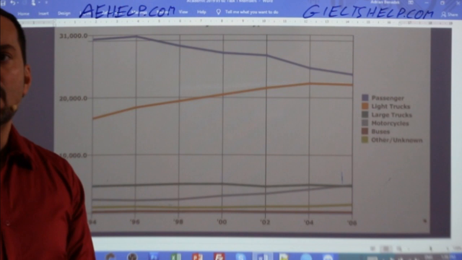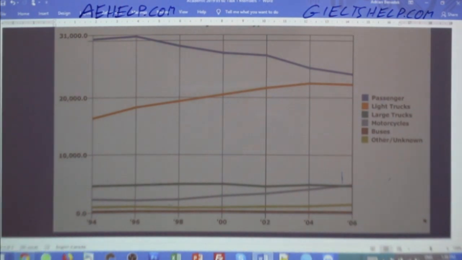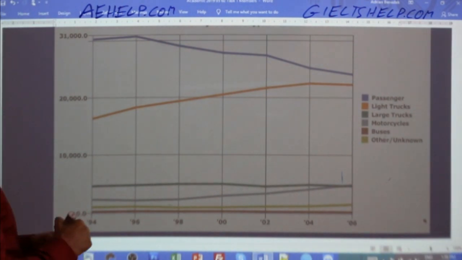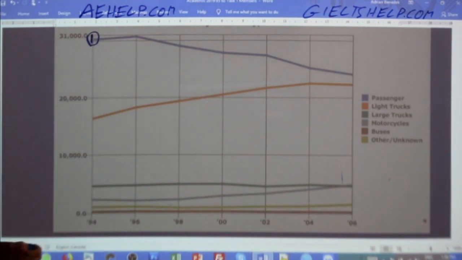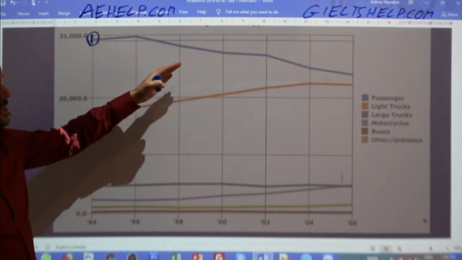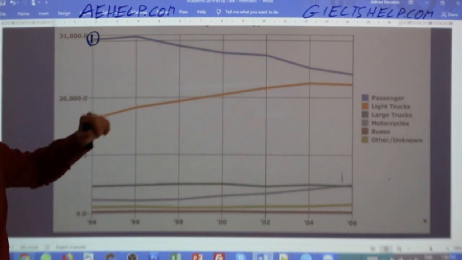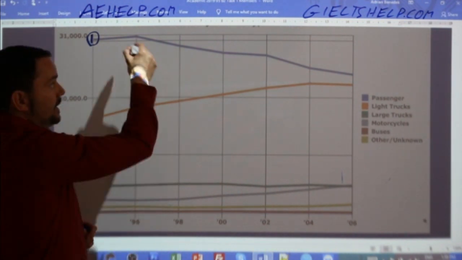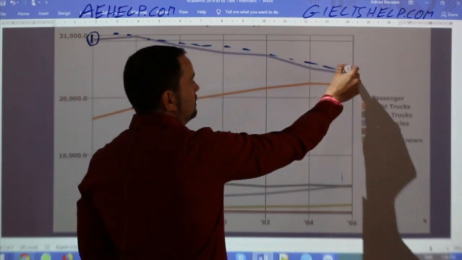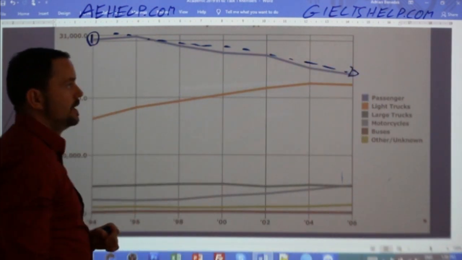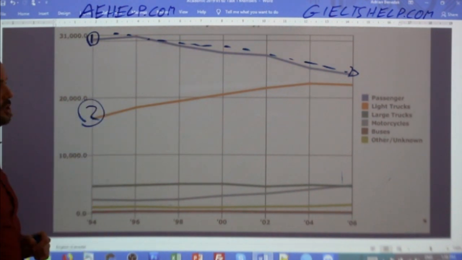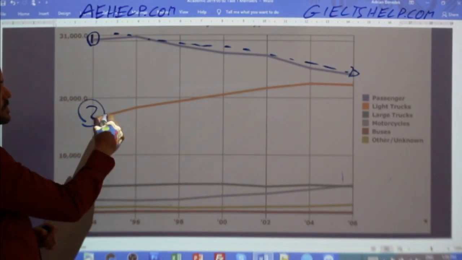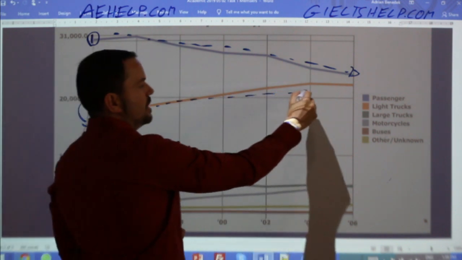Yeah, Roshni, absolutely. We'll start with the highest, which is small vehicle types in 1994, all the way at 30,000. So we want to describe this line first, and then all the way, of course, to here. And then number two is light trucks. So we want to describe this trend here for light trucks.